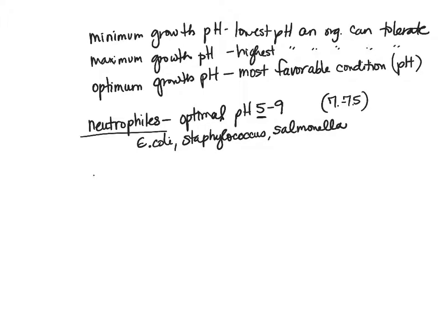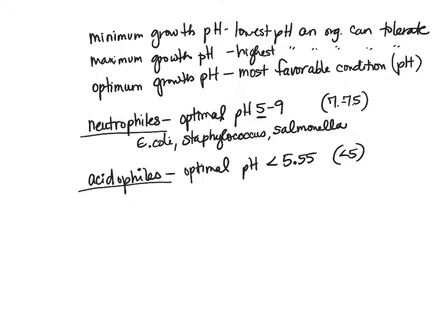Then we have acidophiles. And acidophiles, as you can probably guess, like things to be acidic. And their optimal pH is going to be less than 5.5. So there's a little bit of overlap between neutrophiles and acidophiles, but generally it's below 5 or below 5.5, the text says, so below 5.